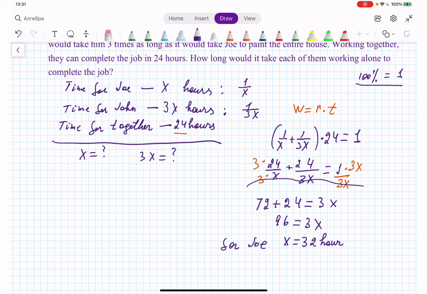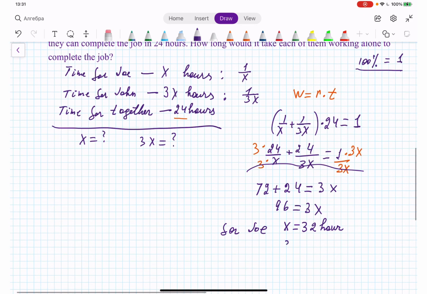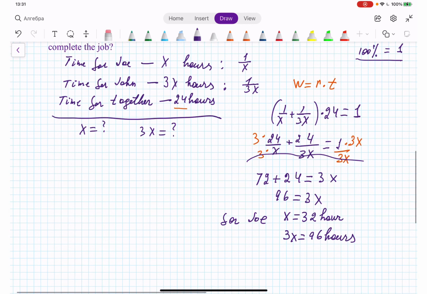And 3x is equal to 96 hours, and that is going to be for John. It will take 96 hours for John to paint the house himself.